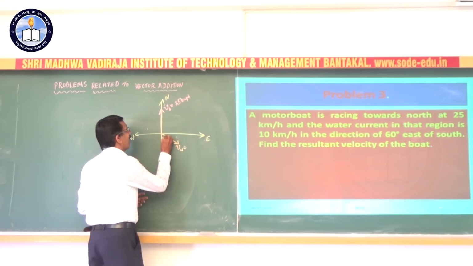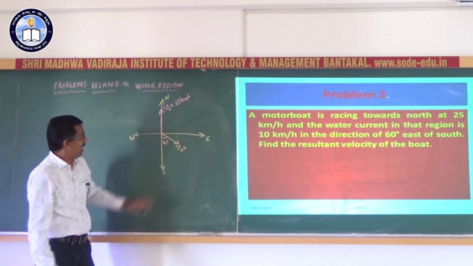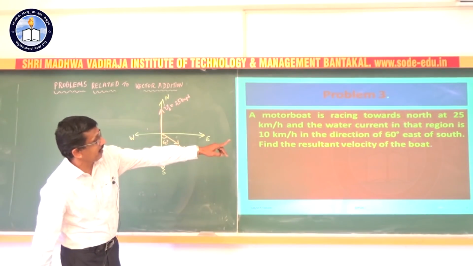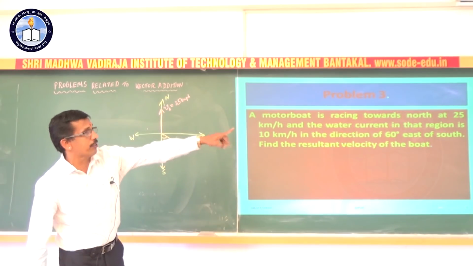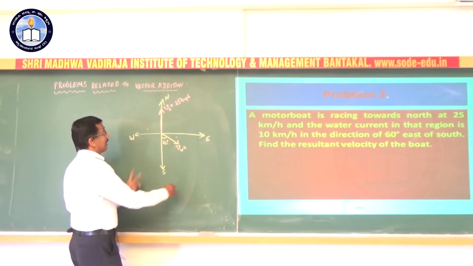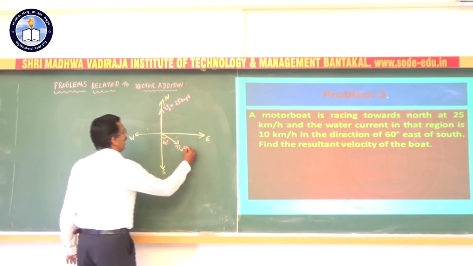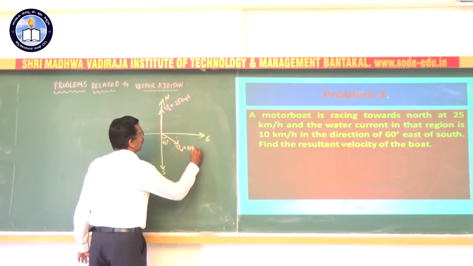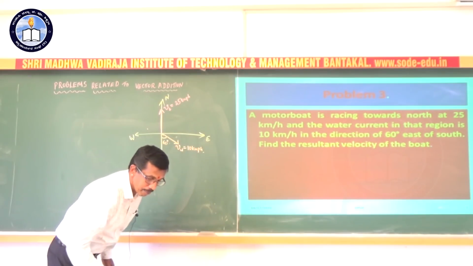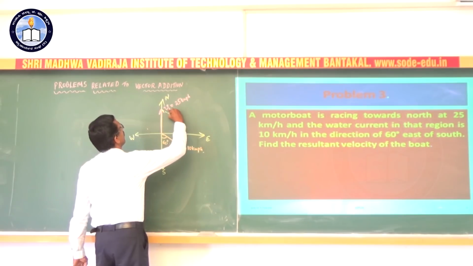This angle they given 60 degree. So, this is the second velocity. They want to find the resultant velocity of the boat. This value is given 10 kmph. What you have to do is, first use parallelogram law. Complete the parallelogram.